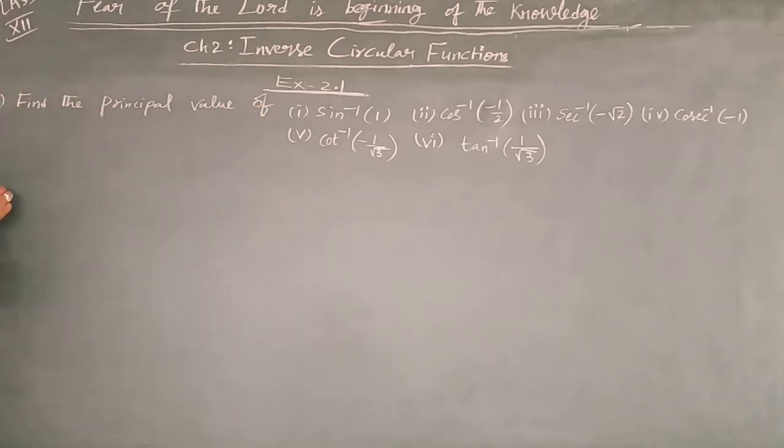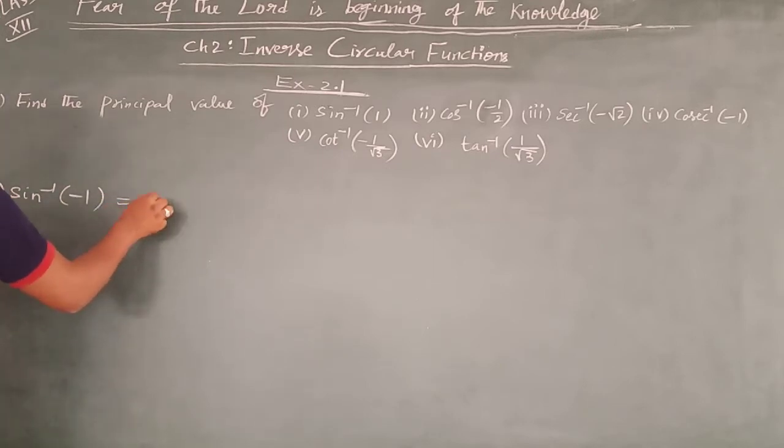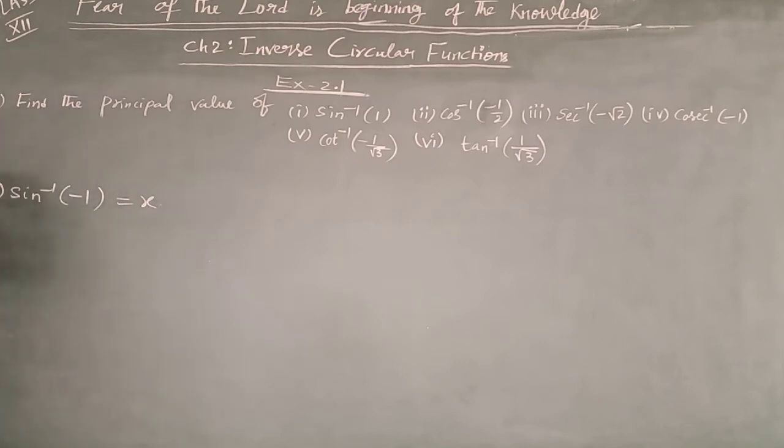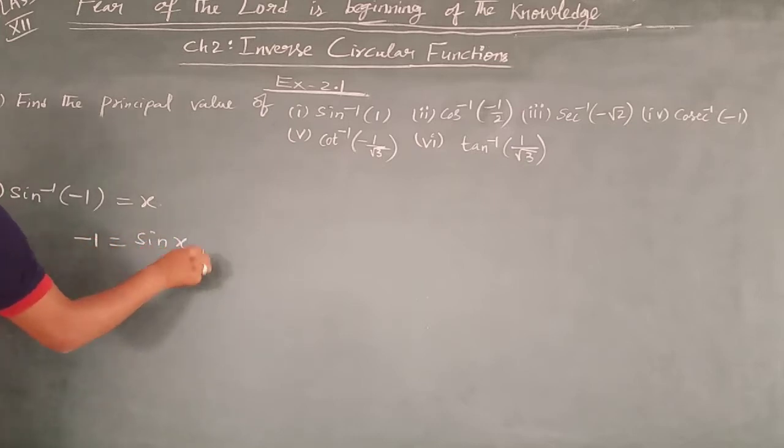Question number 1: sine inverse 1. Let sine inverse 1 be equal to x. Then sine inverse goes to the other side, so 1 is equal to sine x.